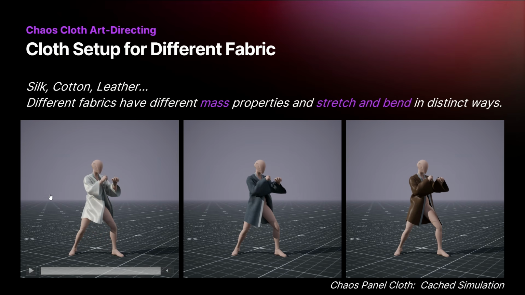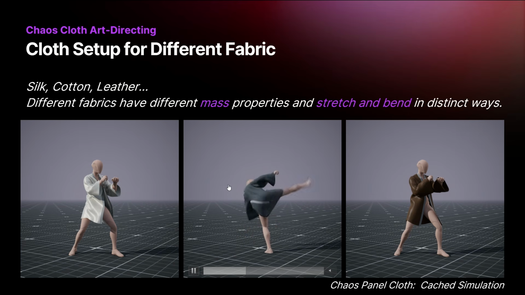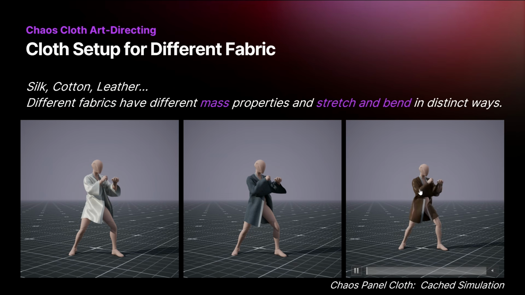Cotton still feels soft, but with fewer wrinkles. And on the right, leather shows some bending resistance, and it can even feel a little stretchy. All of these differences come from a combination of density settings and each material's stretch and bending properties.